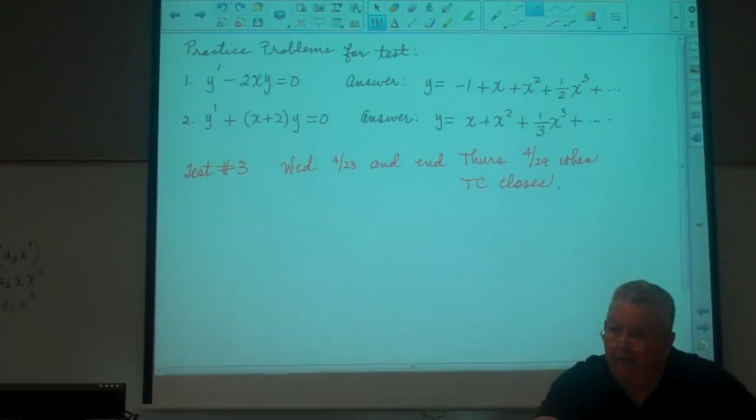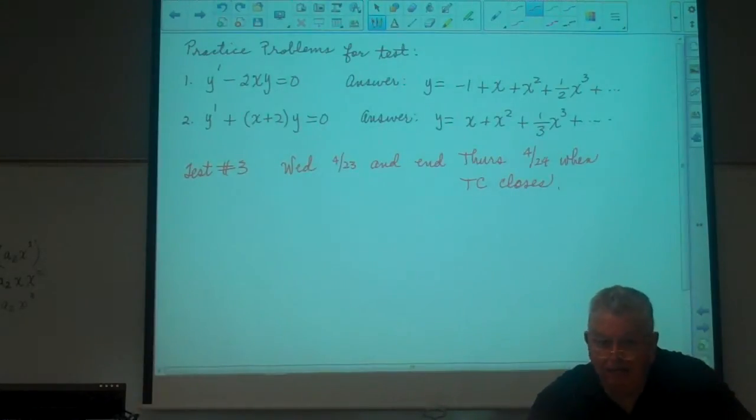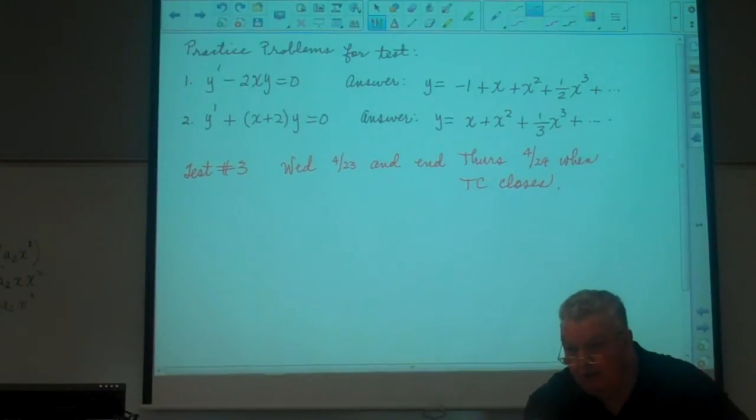That way I can give you one that has e to the x, find the Taylor series for e to the x, or one find the Taylor series for sine x or cosine x, or one that has 1 over x or something like that. It'll be stuff you've seen. By now you know my tests are stuff you've seen.